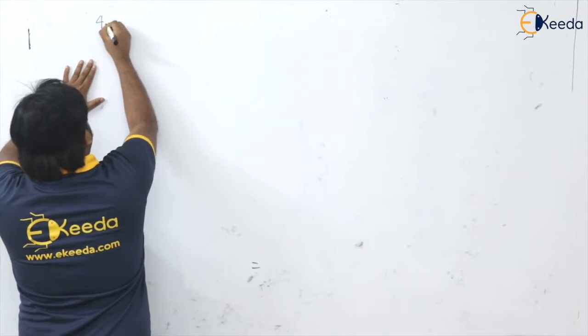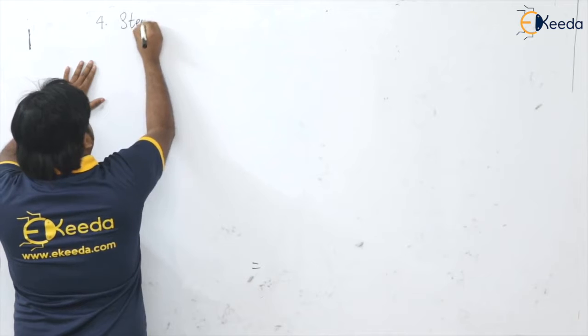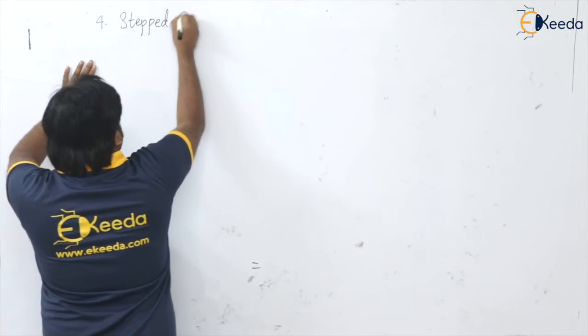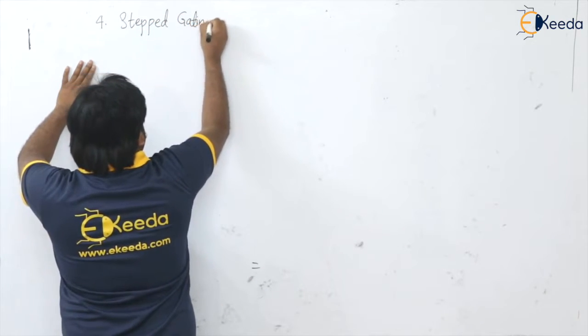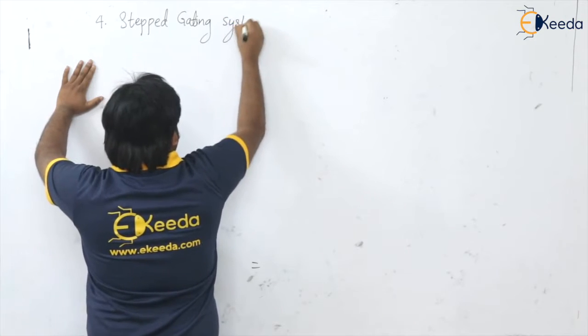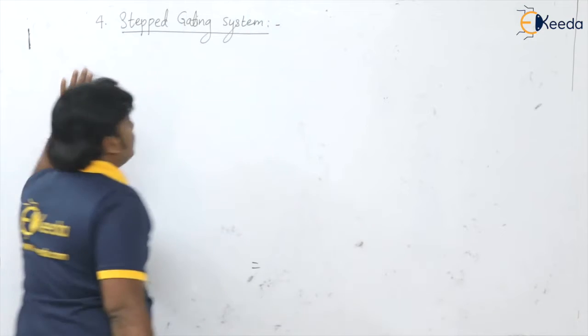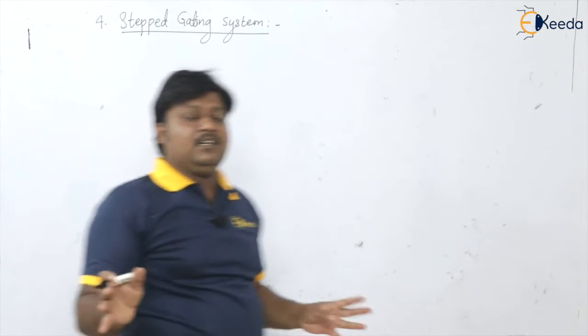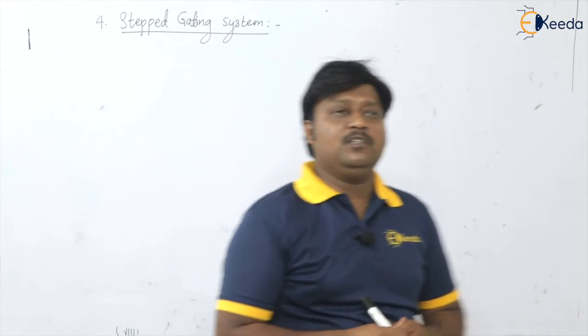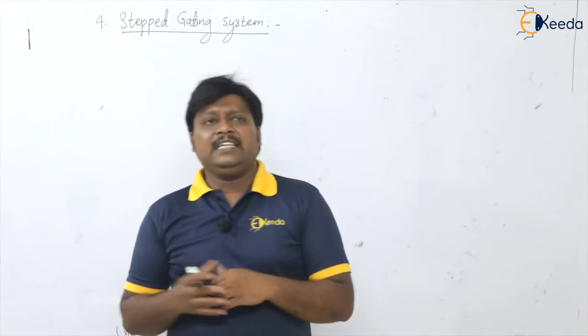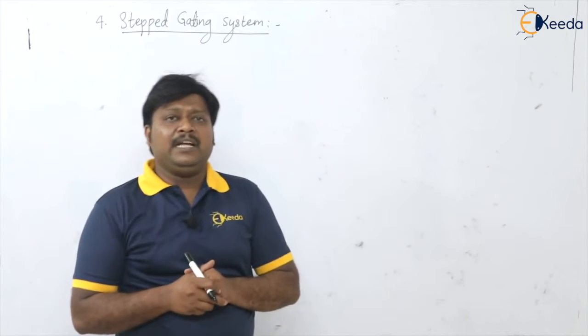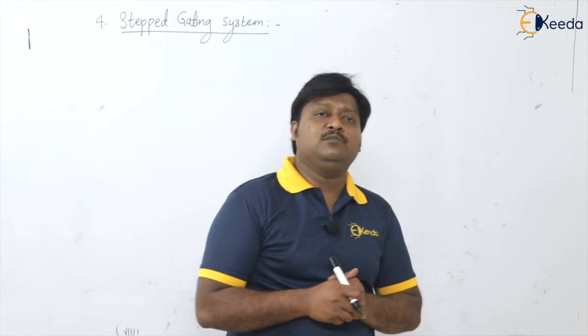So the next gating system is the stepped gating system. Whenever there are large castings, we have to fill them with the molten metal. So only a single gate is not supplying that much required flow rate to this mold cavity.